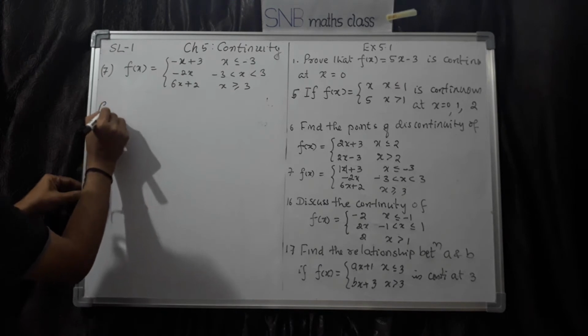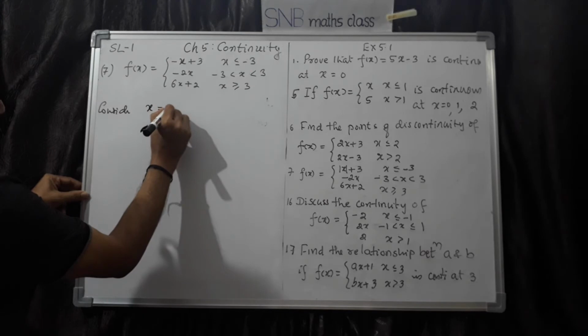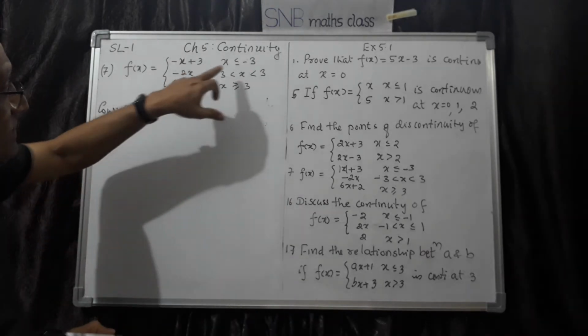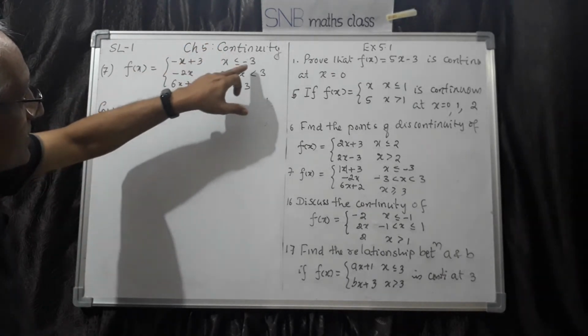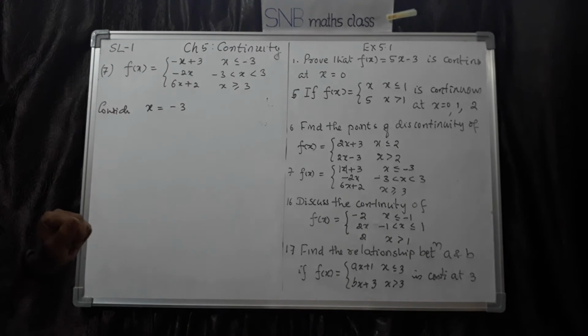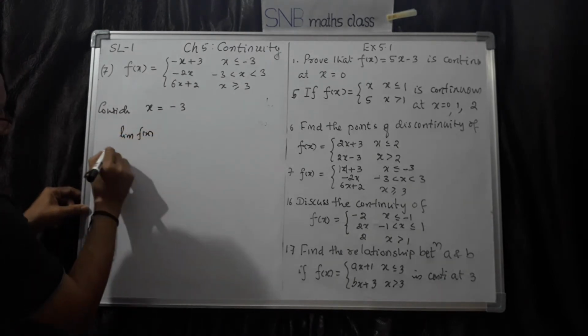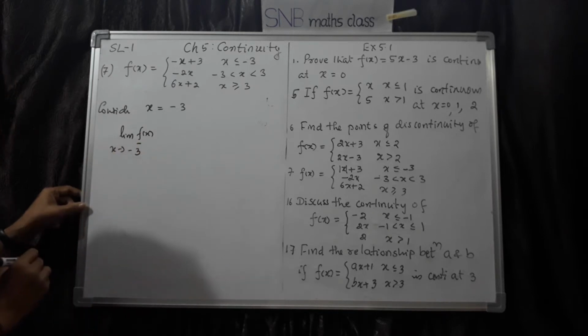Now consider x equal to minus 3. At x equal to minus 3, the function is changing. On the left side it is minus x plus 3, on the right side it is minus 2x. Therefore I have to find the limit of f of x as x tends to minus 3 minus, the left limit.